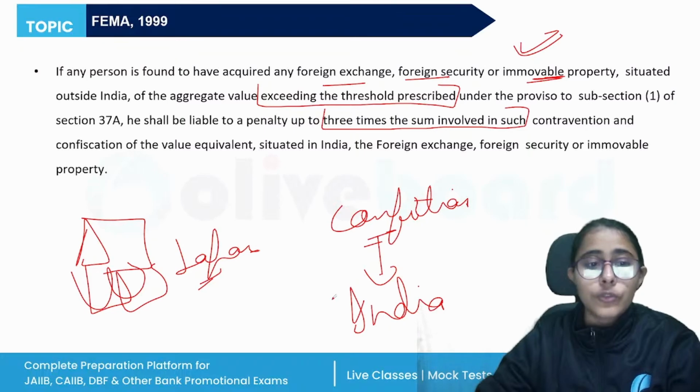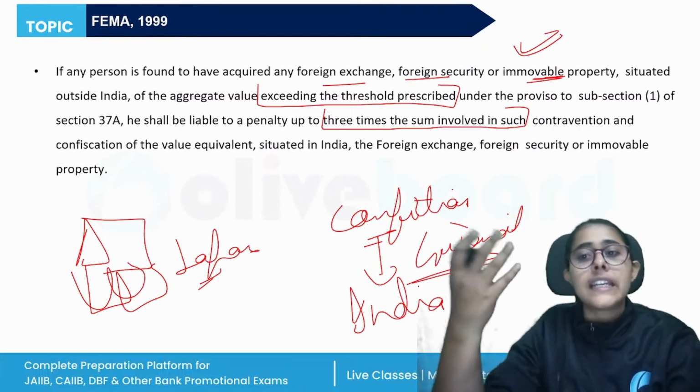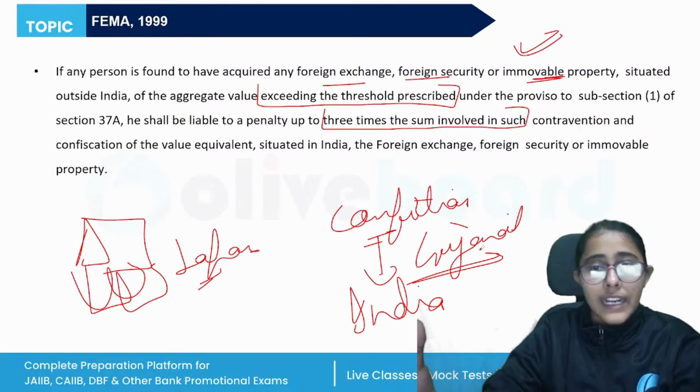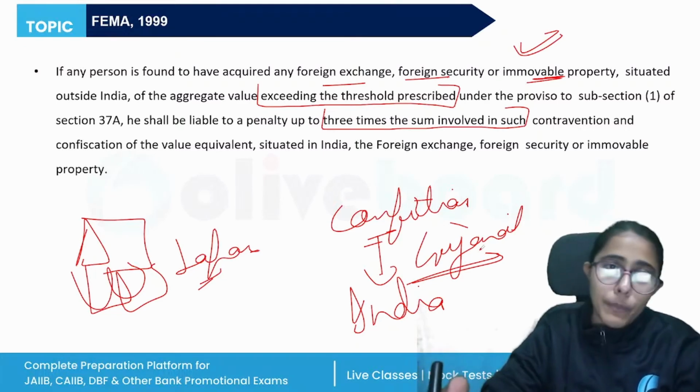So if this person who has acquired the property in Japan also has a property in, let's say, Gujarat, the property in Gujarat will be confiscated by the government of India. This is also a provision related to immovable property, right?